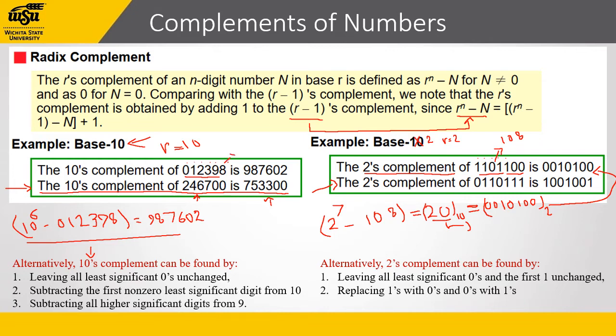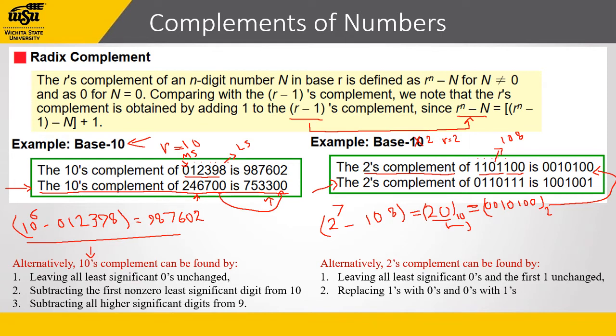The digit on the right, which is 8 here, we call least significant. As we go to the left, the level of significance gets higher, so this one is the most significant. Leaving all least significant zeros unchanged, we leave these 2 zeros unchanged.